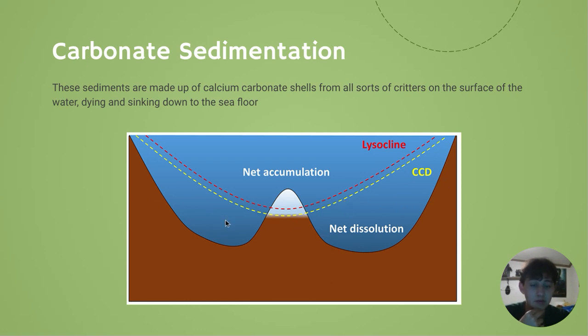So it's going to be a rare occurrence to see any, if possible, down here. But in higher elevations like this, you're going to be able to see a lot more carbonate sedimentation.